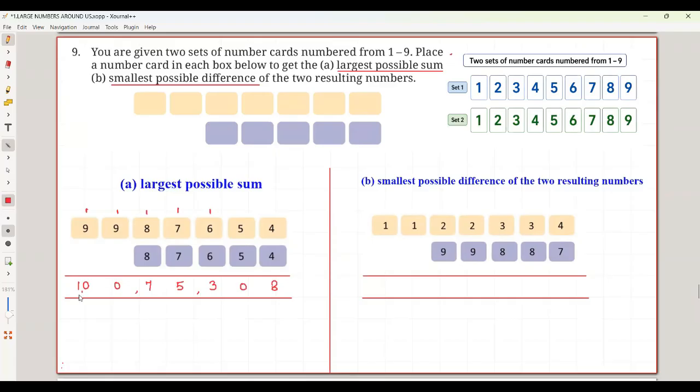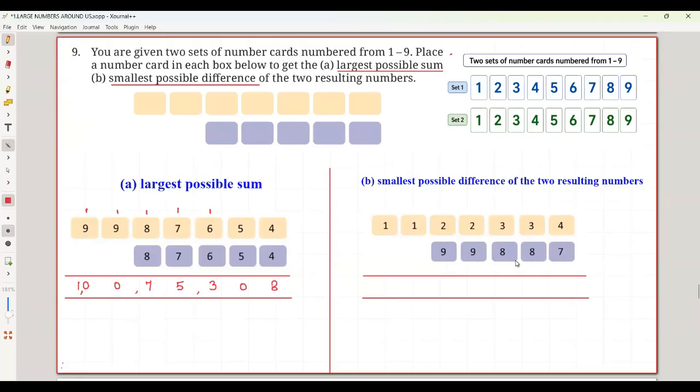The same way, we have to find the smallest possible difference. While subtracting the two numbers, you have to get the smallest possible difference. So I have taken the numbers as 1, 1, 2, 2, 3, 3, 4 and 9, 9, 8, 8, 7.